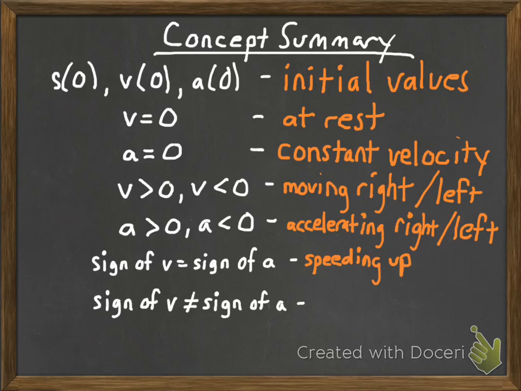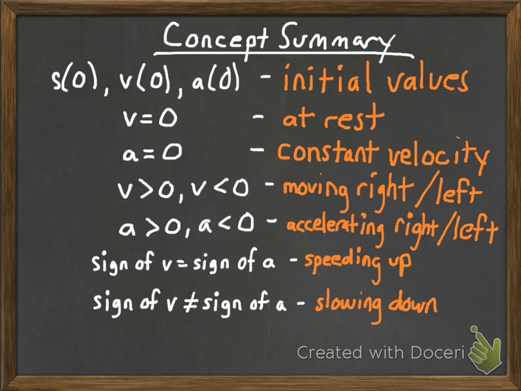And then whenever the velocity and the acceleration have different signs, the particle is slowing down. It's kind of like you're walking forward on a treadmill, but the treadmill is going the opposite way as you. All right, so you'd say it slows you down. There we go. Those are the key concepts.